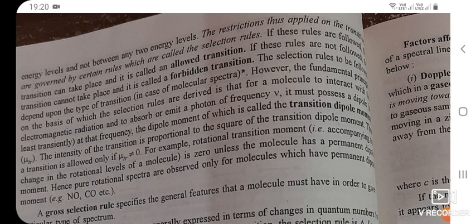The intensity of the transition is proportional to the square of the transition dipole moment. Thus, a transition is allowed only if mu is not equal to 0. For example, rotational transition moment, that is accompanying change in the rotational levels of the molecule, is 0 unless the molecule has a permanent dipole moment.